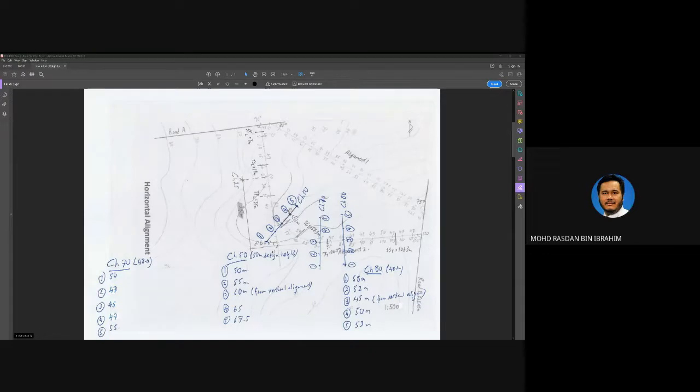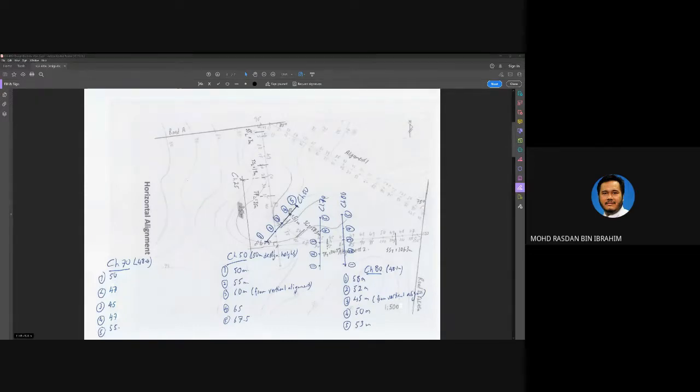Welcome. Okay, it is possible that between the two alignments, the optional alignments that you have, one may not need superelevation transition, meaning that the curves can be so small that the leading points overlap with the trailing points.